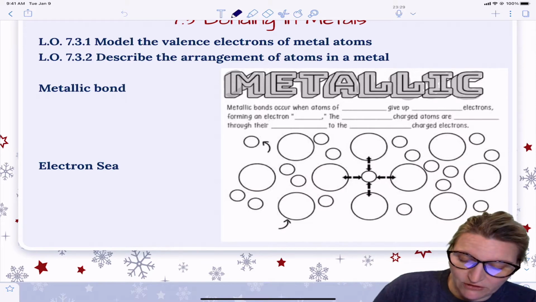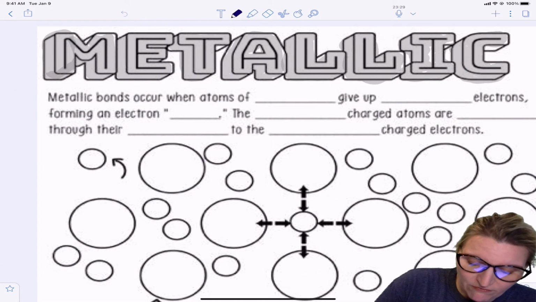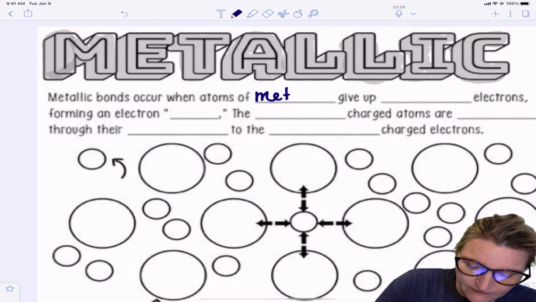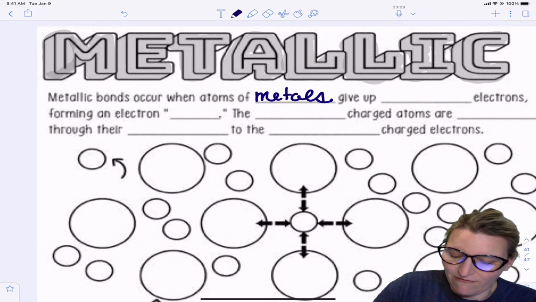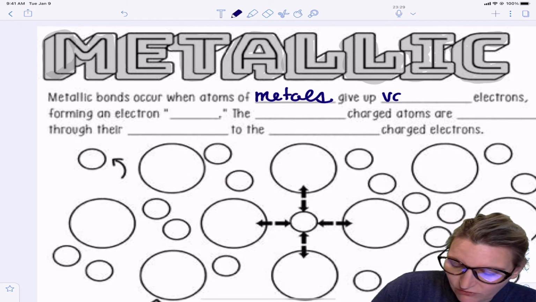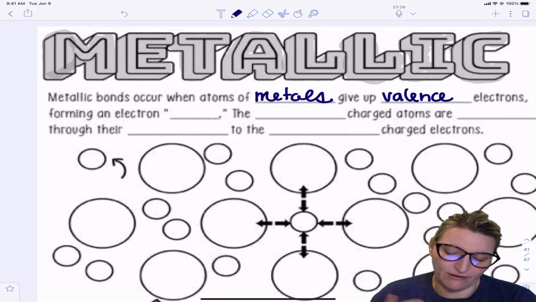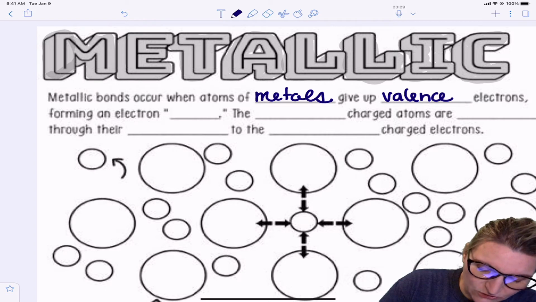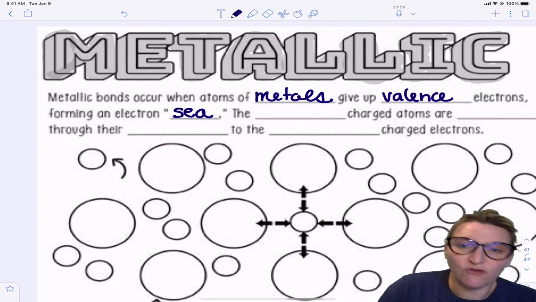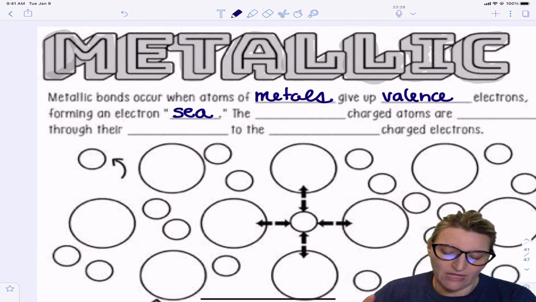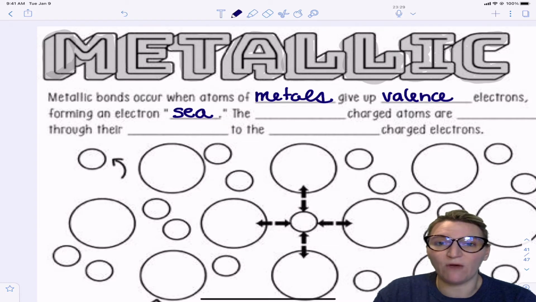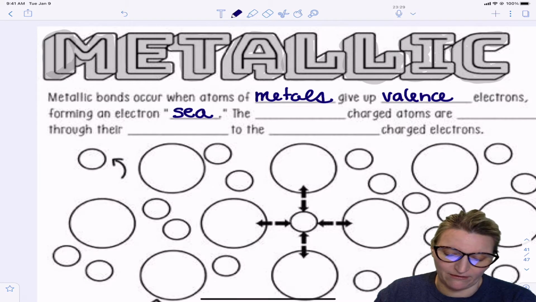And metallic bonds occur when atoms, of course, metals, right? Well, they give up their valence electrons. So very similar to ionic compounds in that they give up their valence electrons, but the electrons don't go to something else. They sort of exist in what we call the electron sea. What you'll see in the pictures is sort of free-floating electrons that kind of hop between one atom and another atom and another atom.